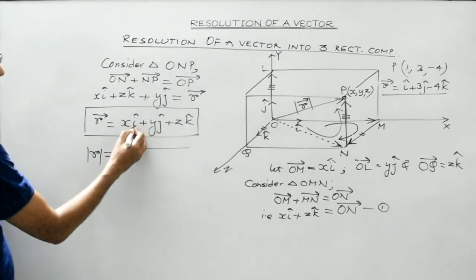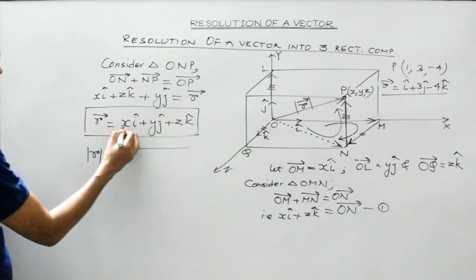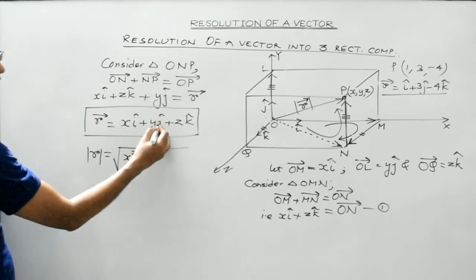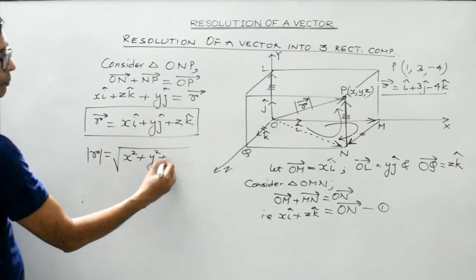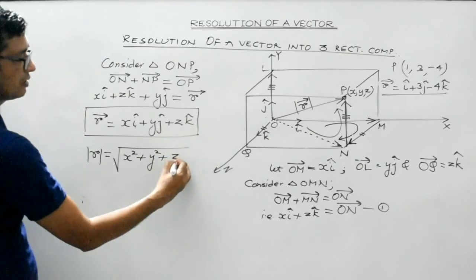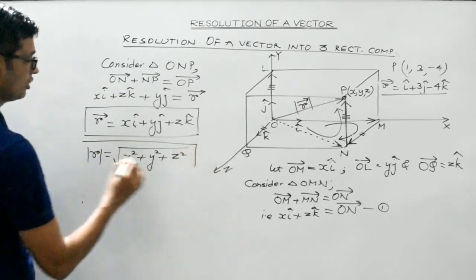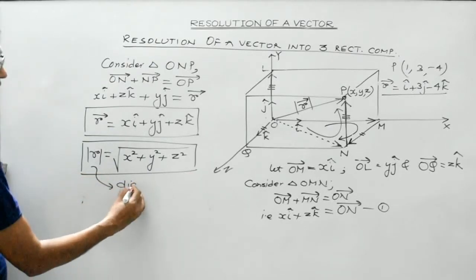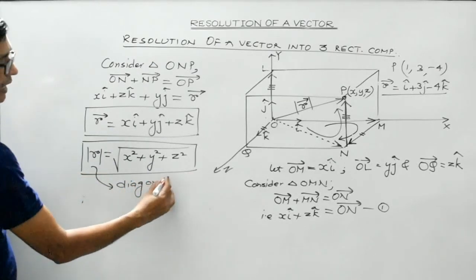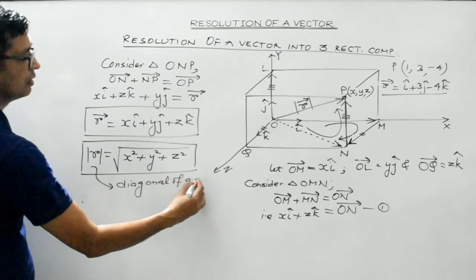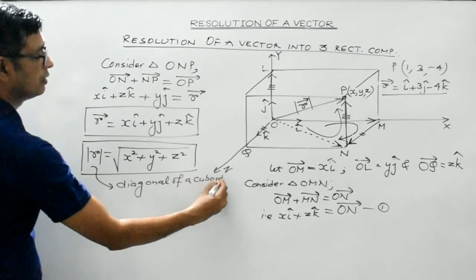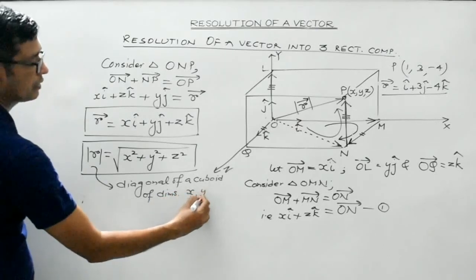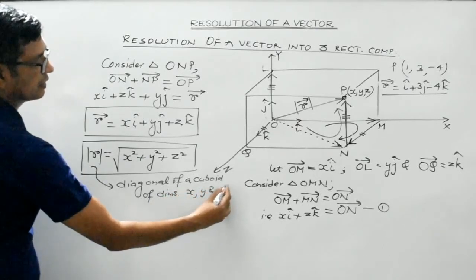So over here, the coefficient of i is x, so square of x, coefficient of j is y, so square of y, plus coefficient of k is z, so square of z. So this one will give the magnitude. It is actually the diagonal of a cuboid of dimensions x, y and z.